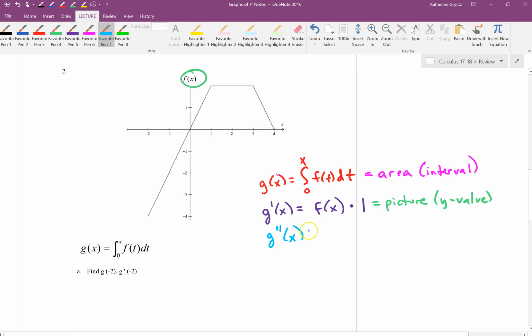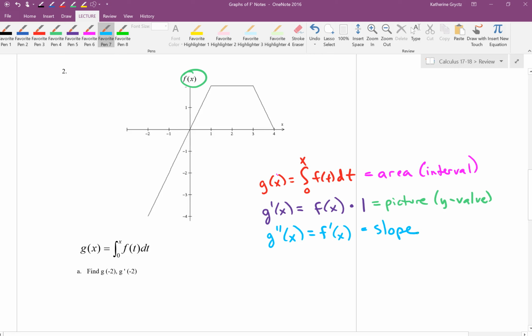Well, g double prime is equal to the derivative of g prime, which is f prime of x. So you have to figure out how f prime relates to this picture. Well, f prime would be the derivative of this picture, and the derivative on a picture is your slope. So that's what we're doing with those three things.